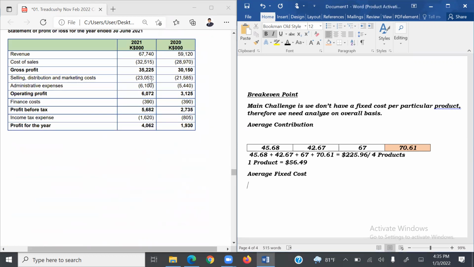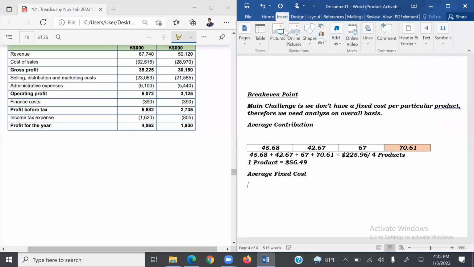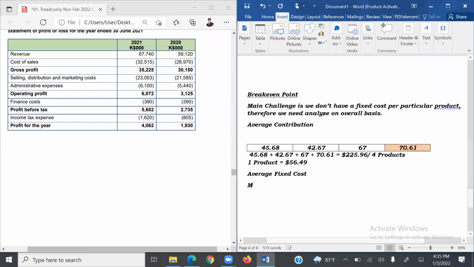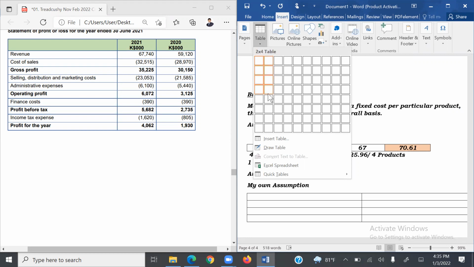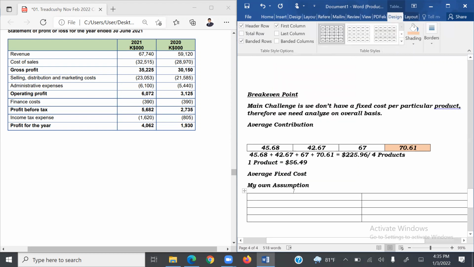We don't know, but my assumption, this is my own assumption, you can be correct. I'm not saying I am perfectly correct. I'm just developing a hypothesis so that it will be easier to understand.